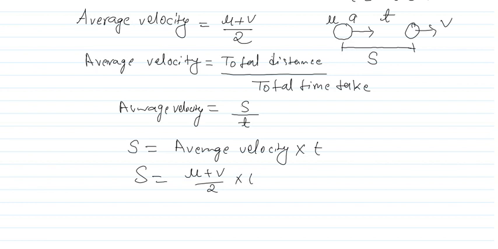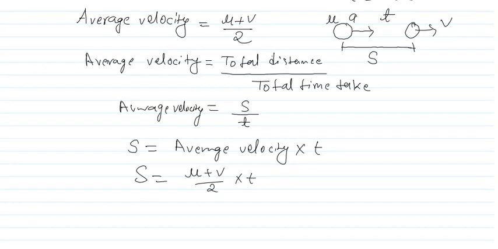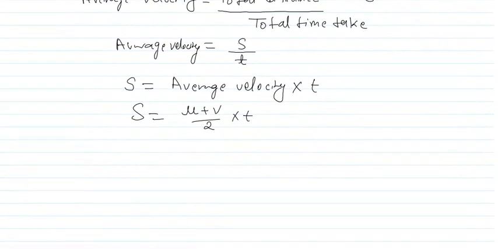Now from the first equation of motion, we know that the final velocity of our object is equal to initial velocity plus the product of acceleration and time. Product means multiplication.